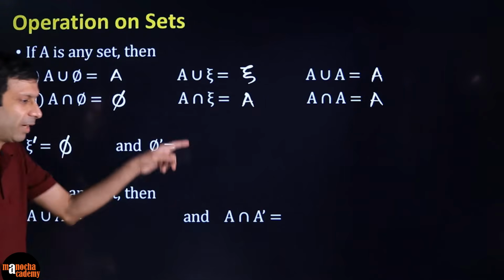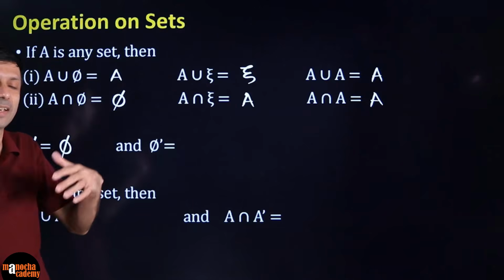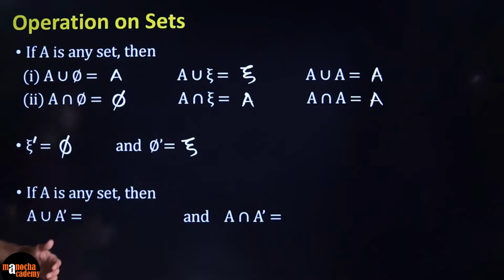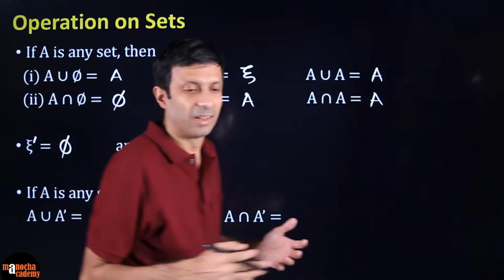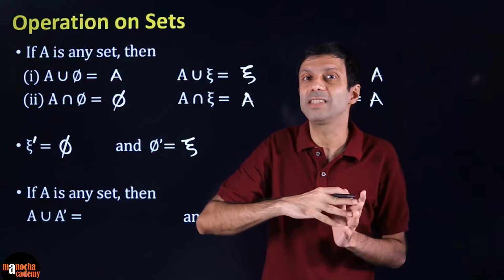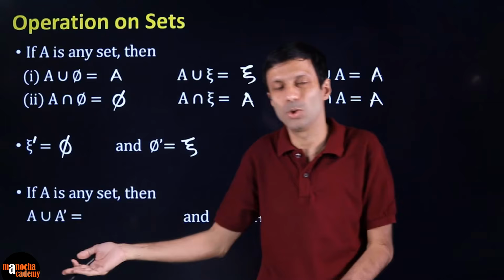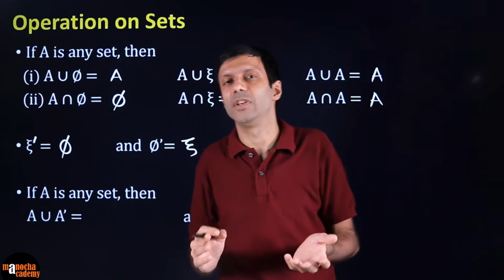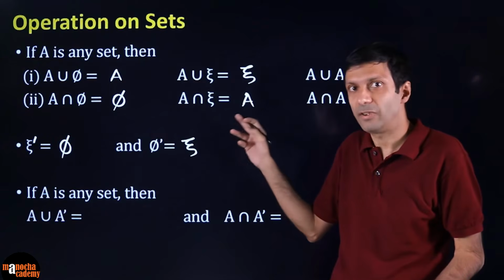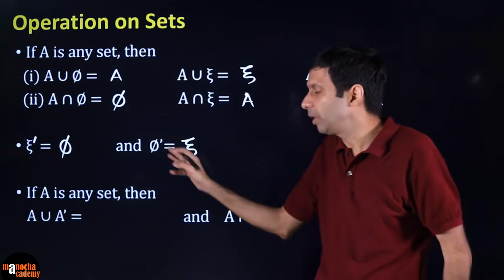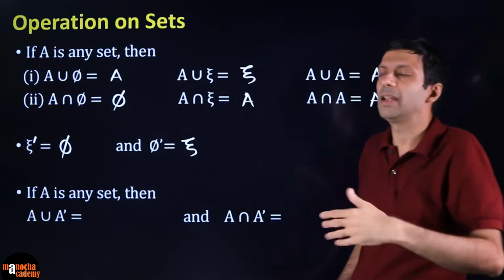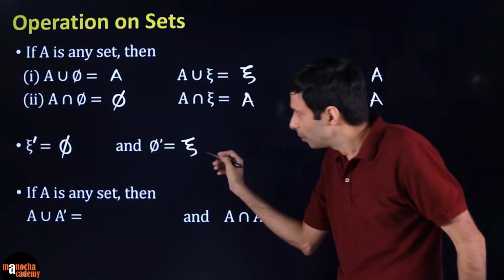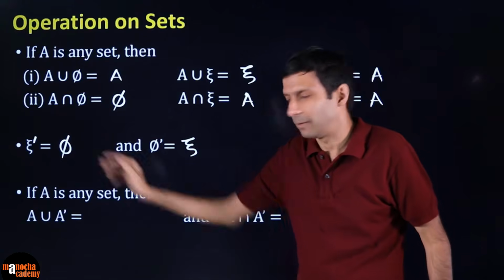And the complement of the null set is going to be the universal set, because null means it has nothing. So complement means all the things other than nothing, and they are the universal set. The universal set represents all the things that are in consideration. You don't have to write A or B here, we write universal. Some of you may be thinking that the complement of null is going to be A or B. No, it's going to be the universal set. And the complement of universal is obviously null.